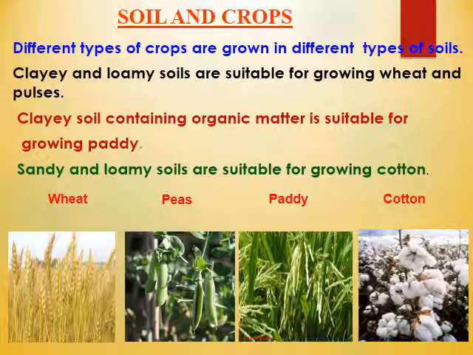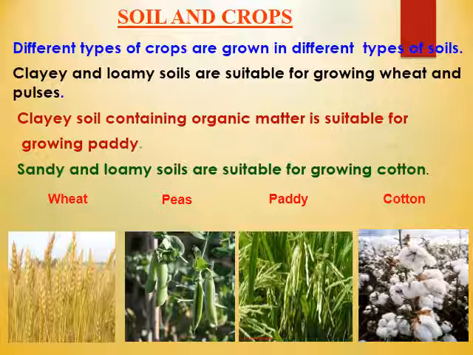There are different types of soils in different parts of India. Various climatic factors like wind, rainfall, humidity, light, and temperature affect the soil profile and bring changes in the soil structure.